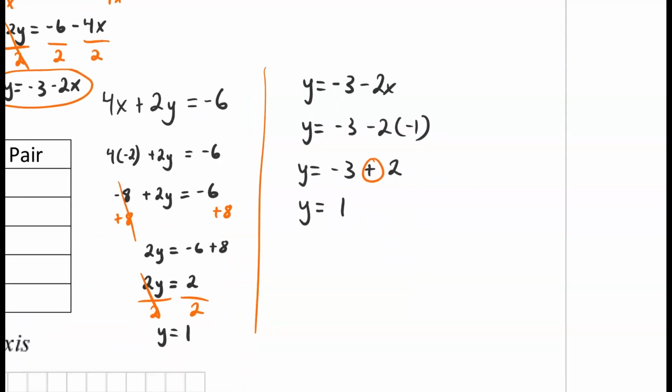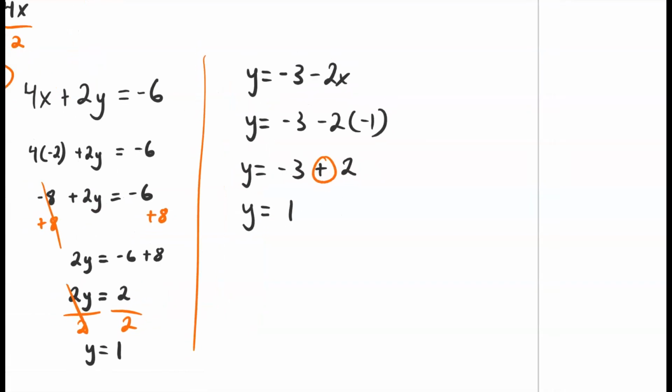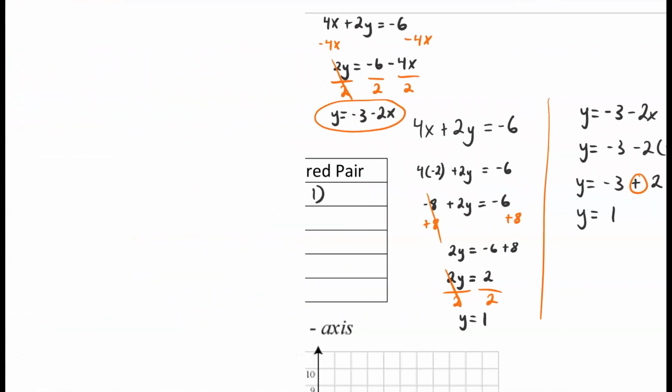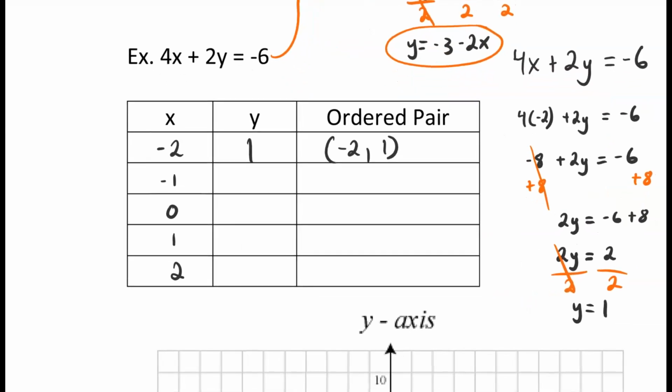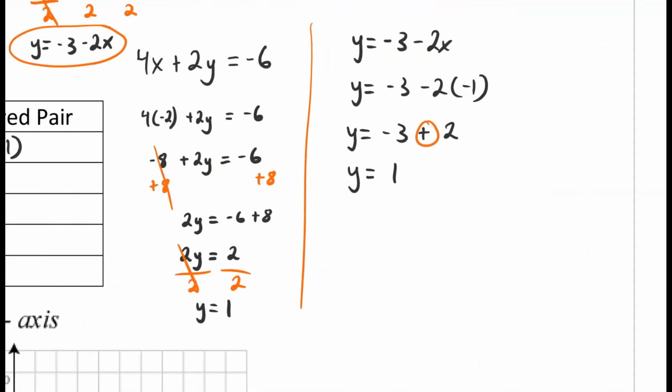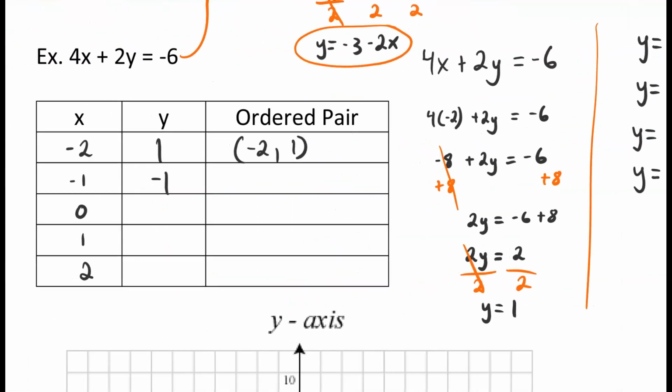So it was a lot less steps than doing it without manipulating the equation, but you can do it both ways. So when x was negative 1, y was 1. Now we're going to do x as 0 here. Oh, actually, we should do our ordered pair first. So negative 1, 1.